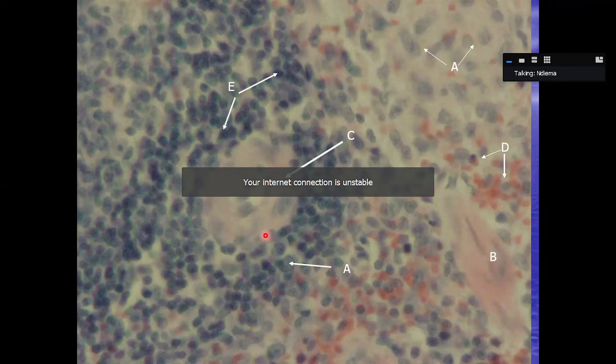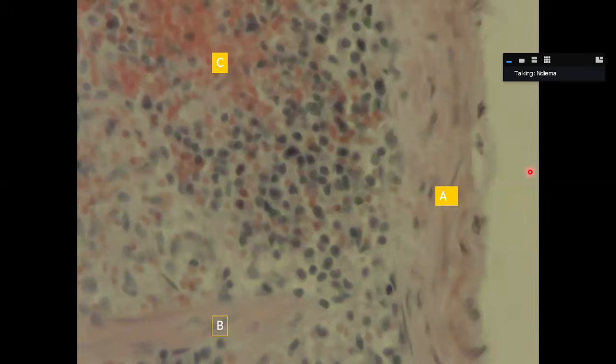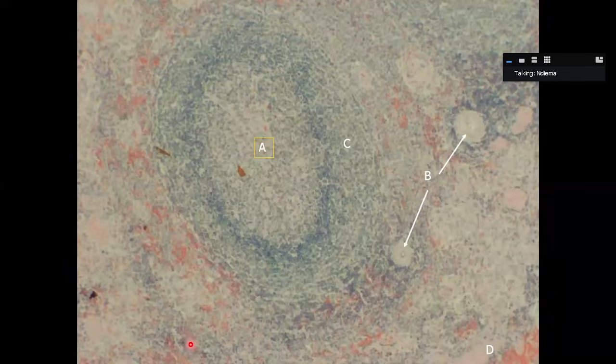So note the capsule having smooth muscle, unlike other organs. The trabeculae also have smooth muscle. Note the eccentrically placed central vein and very clear nodule.